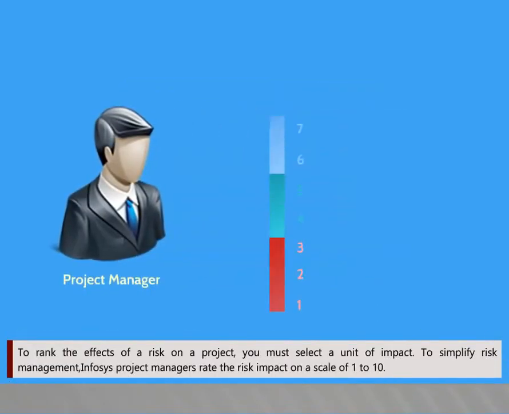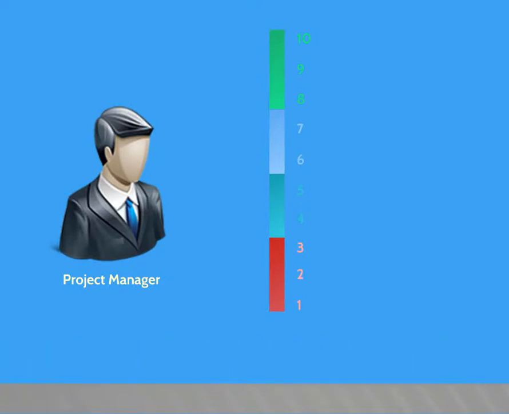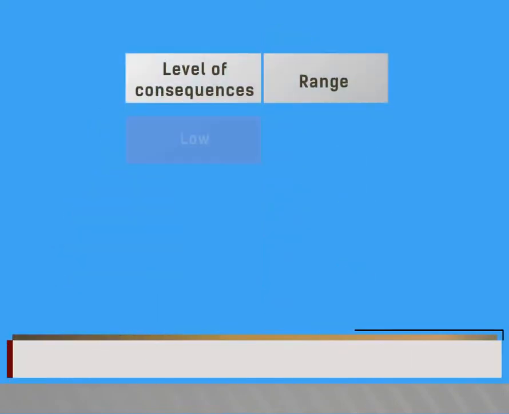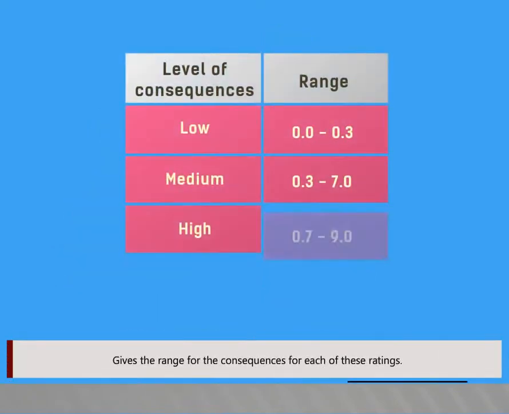To rank the effects of a risk in a project, you must select a unit of impact. To simplify risk management, Infosys project managers rate the risk impact on a scale of 1 to 10. Within this scale, the risk effects can be rated as low, medium, high, or very high. The table gives the range for the consequences for each of these ratings.